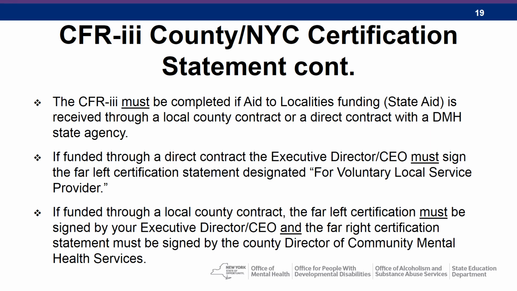If funded through a direct contract, the Executive Director or CEO must sign the far left of the certification statement. If funded through a local county contract, the far left certification must be signed by your Executive Director or CEO, and the far right certification statement must be signed by the County Director of Community Mental Health Services.